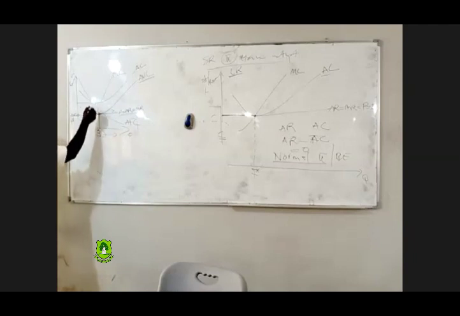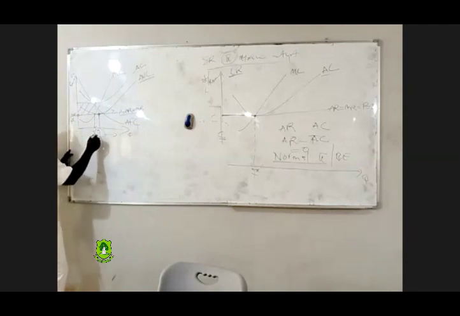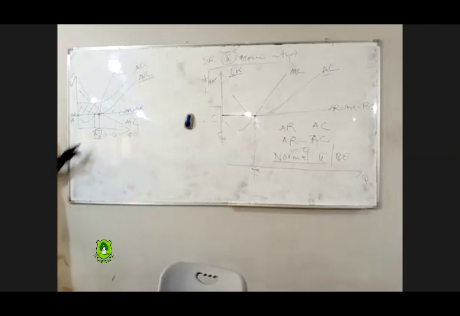Which one is greater than the other? Average cost. So you are making a loss at this particular output. You can still make a loss and be in business. So you may decide to increase the production, but you will still make the loss. Is that not it? You will still make the loss.